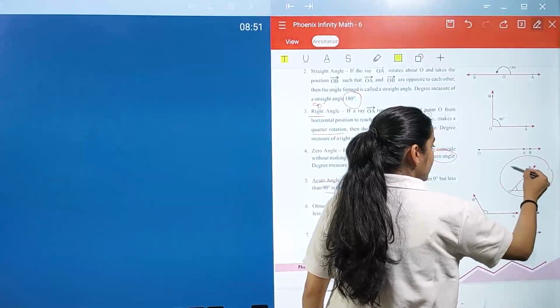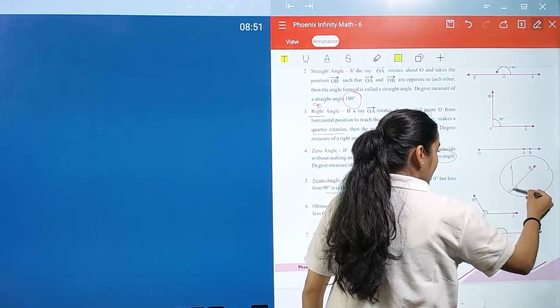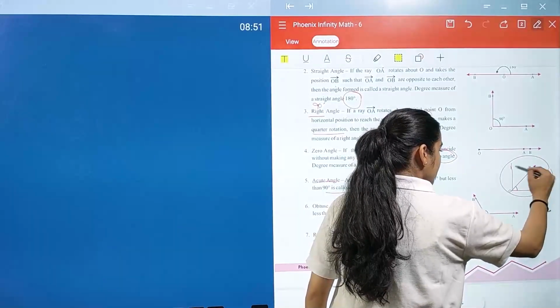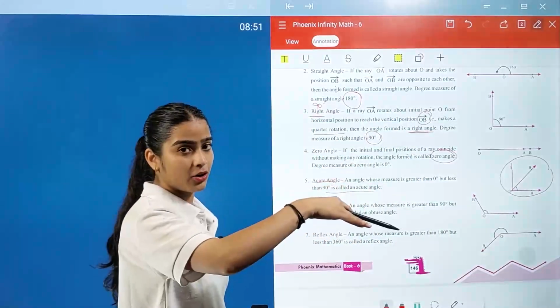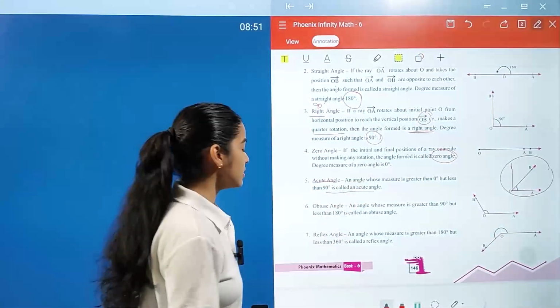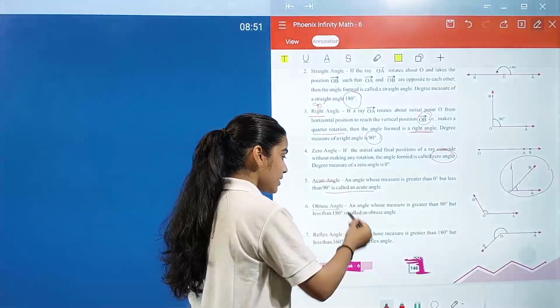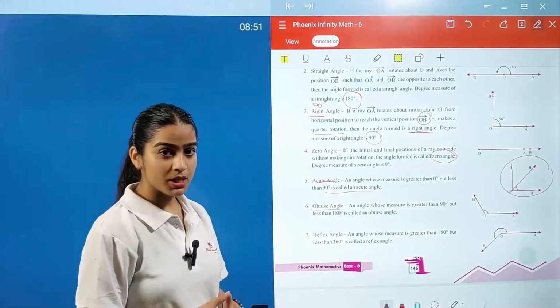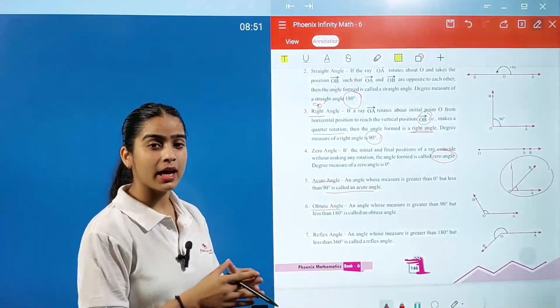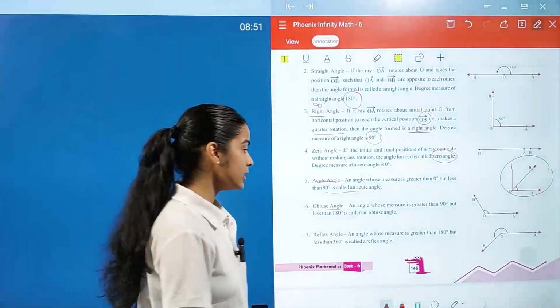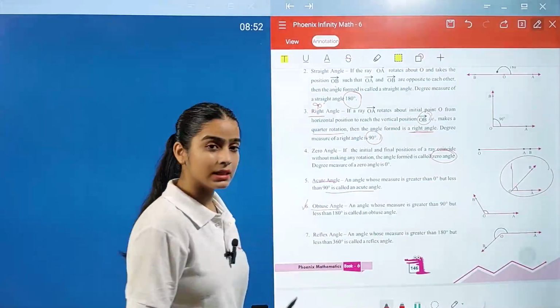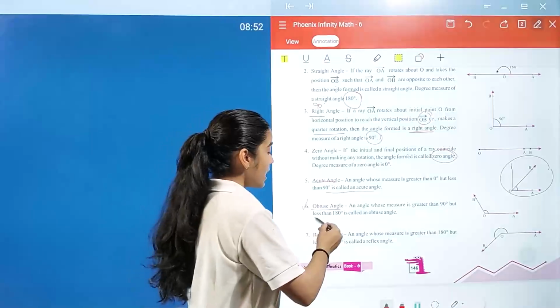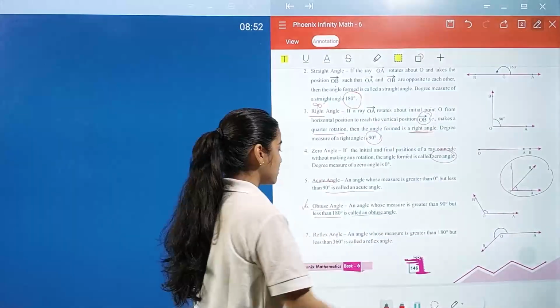Because 90 degree is equal to this, and your ray is still shifted towards the opposite side of the 90 degree, that is why it's your acute angle. Next we have obtuse angle, which means greater than 90 degree and less than 180 degree. An angle whose measure is greater than 90 degree but less than 180 degree is called an obtuse angle.